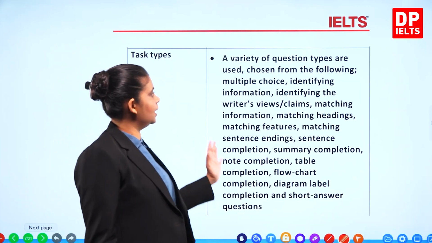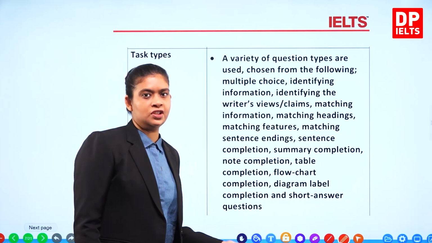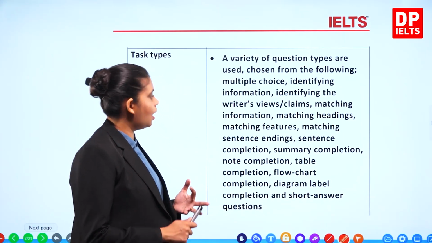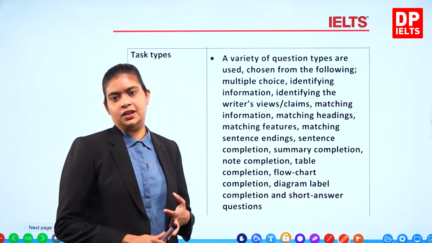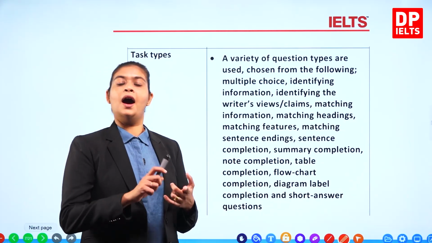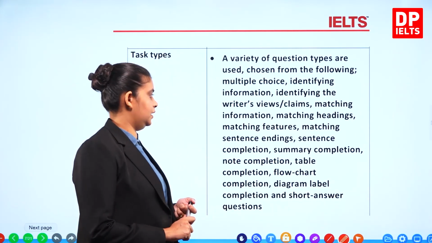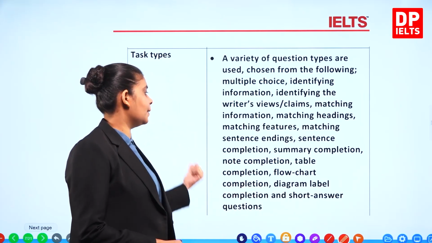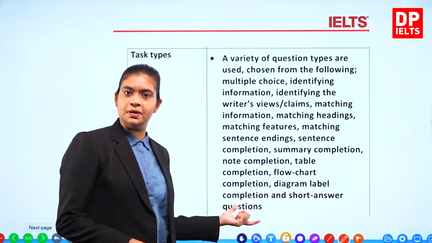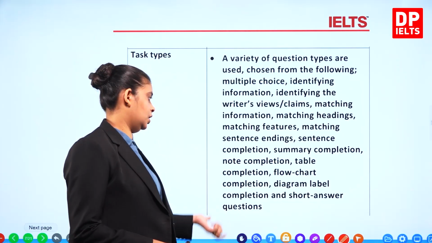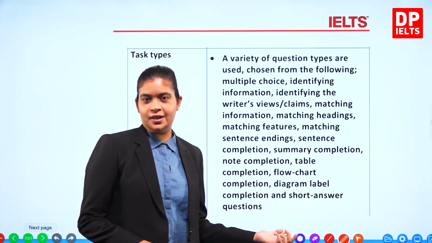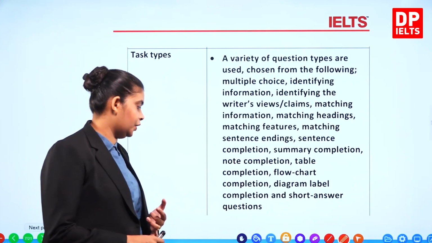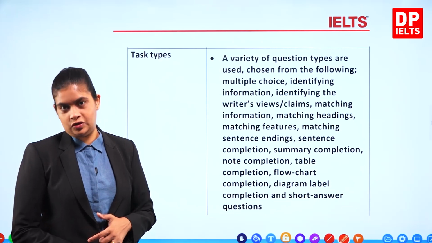Now, the question types: obviously you get a variety of questions, matching, multiple choice, identifying information that is true, false, not given, identifying the writer's opinion, matching sentence endings, summary completion, note completion, table completion, flowchart completion, labeling, okay, so you will have to label a map or a diagram, and short answer questions, right?